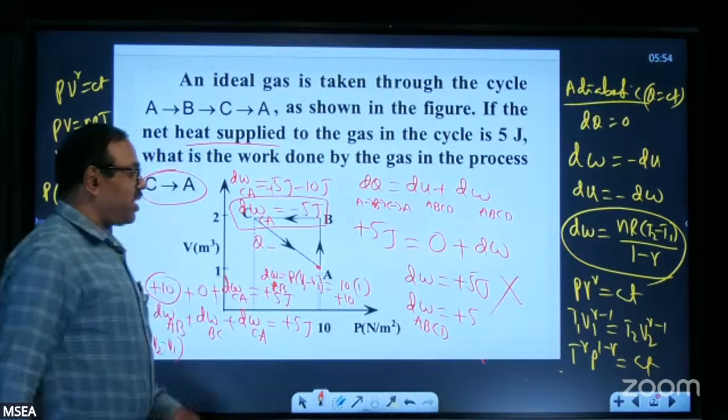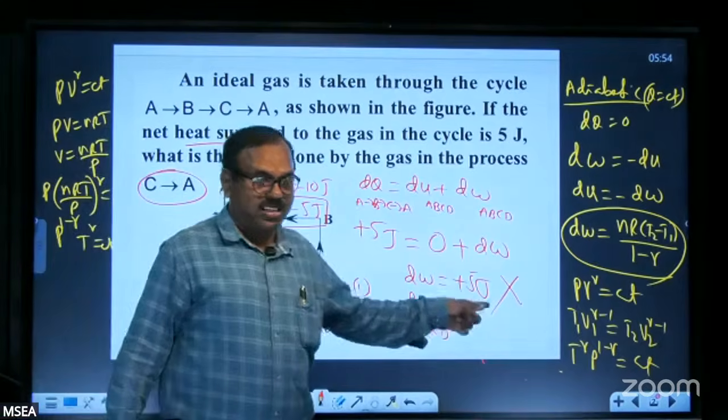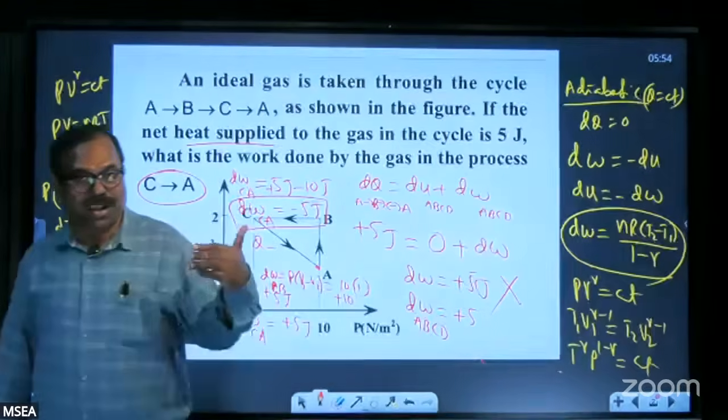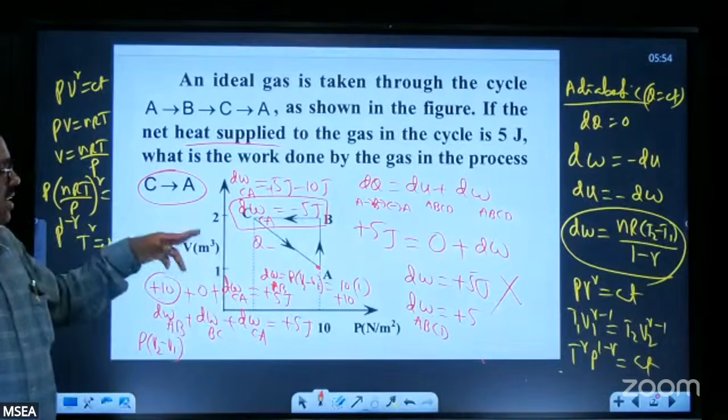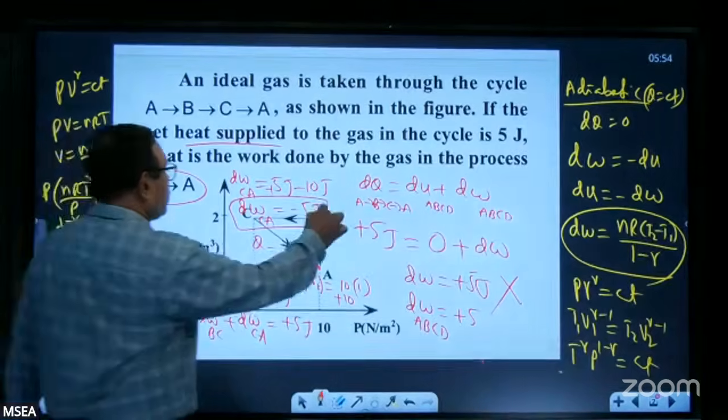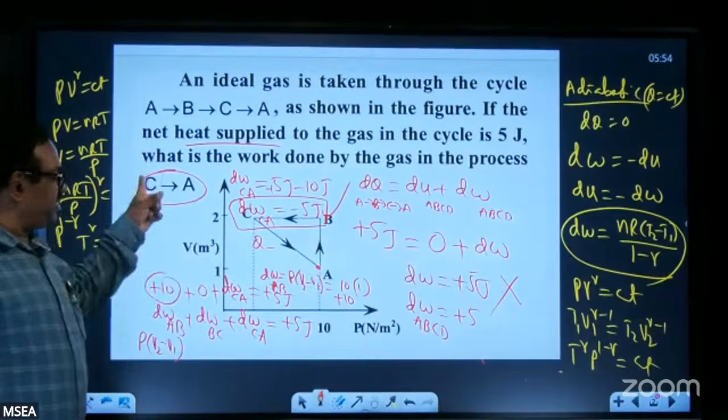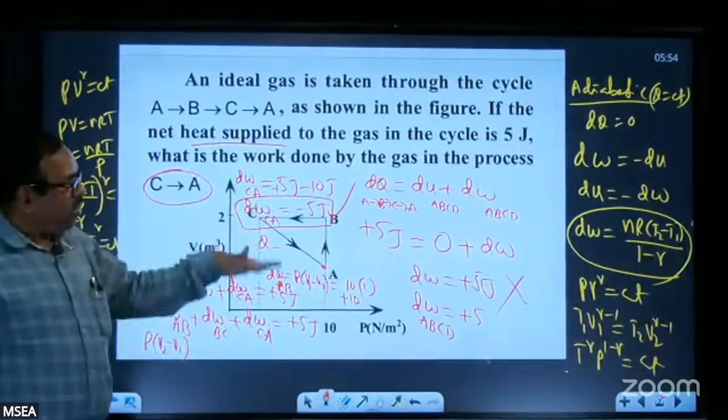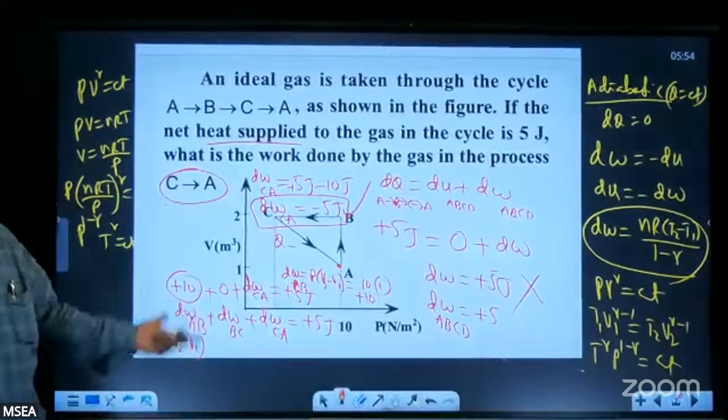Therefore, the correct answer is minus 5, but it's not plus 5. In the options they give plus and also minus, but the correct answer is minus 5 joules because only C to A is asked. Okay, so just go through this. We'll go to the next question.